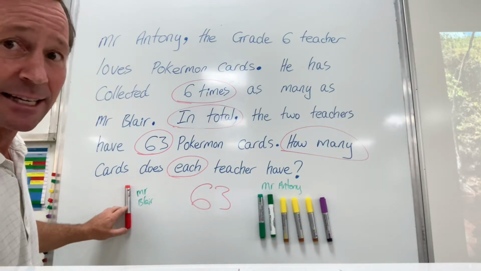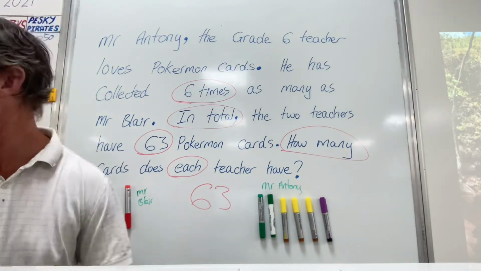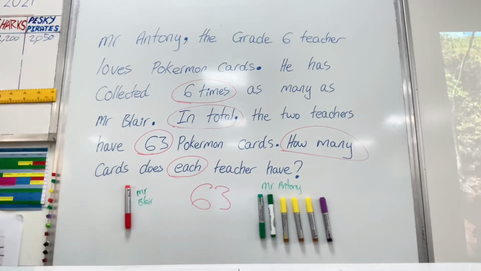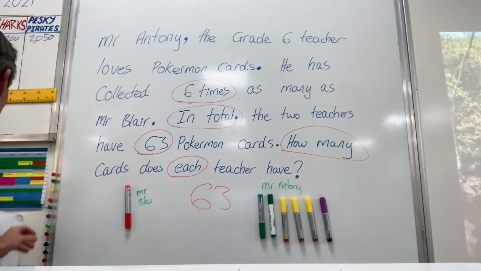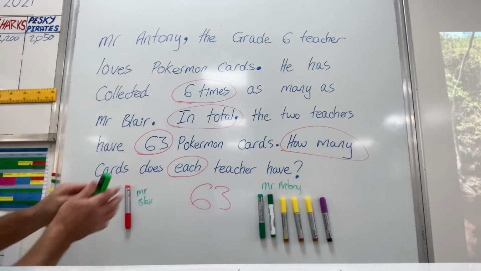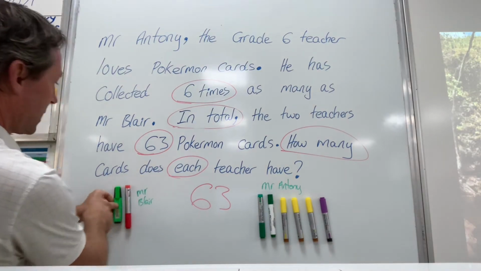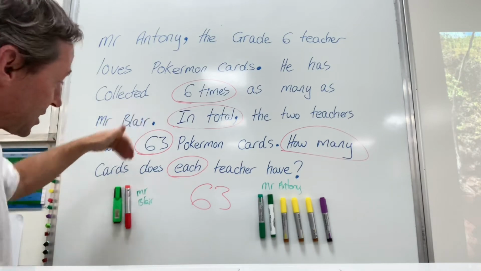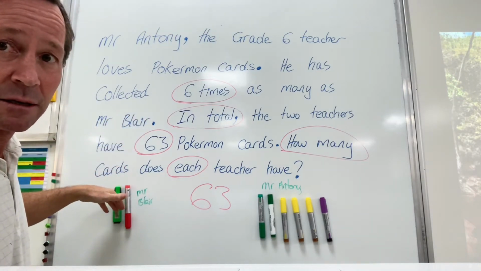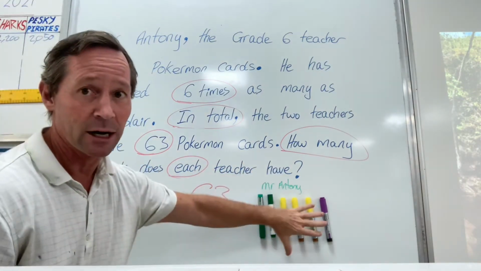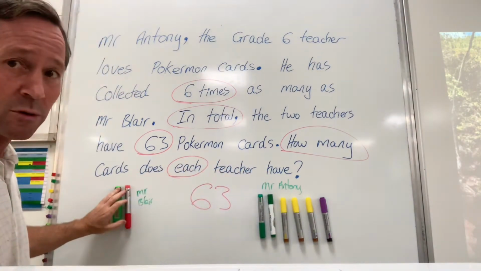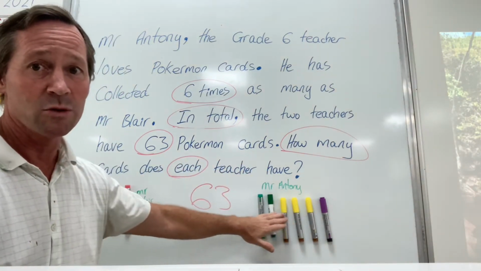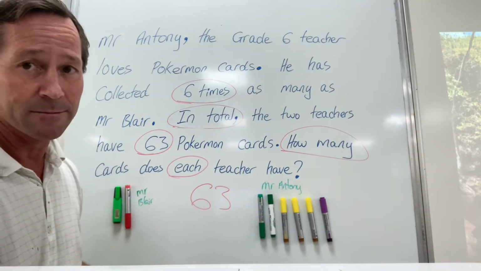If Mr. Blair had 2 markers, and Mr. Anthony had 6 times as many, 6 times 2 would be 12. So he would have 12, I would have 2, 12 plus 2 gives me 14.